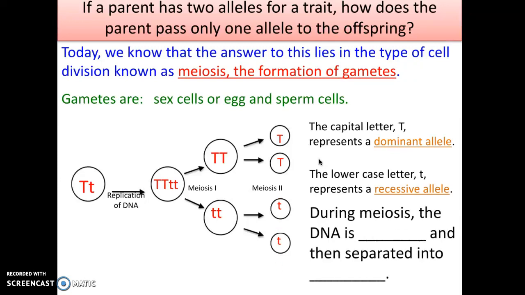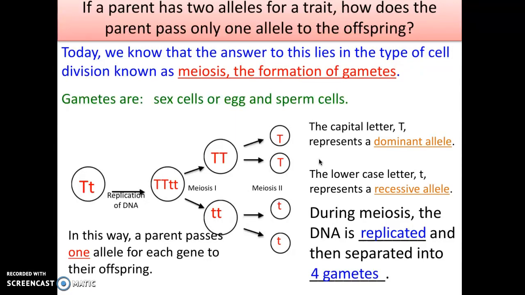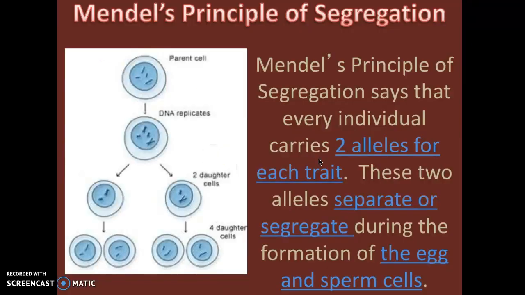During meiosis, DNA is replicated and then separated into 4 gametes. This way, the parent cell passes one allele of each gene into the offspring.